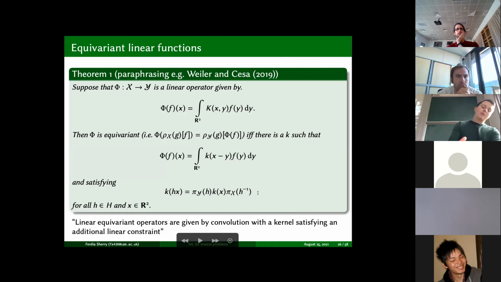At first sight it might not be clear how you would solve this constraint, but the answer is you can solve it ahead of time. Once you specify pi x and pi y, you end up with a convolution kernel that has to be a circular harmonic times a radial part.